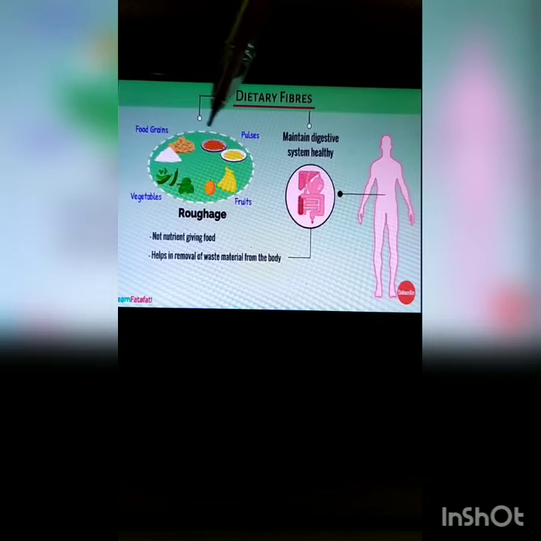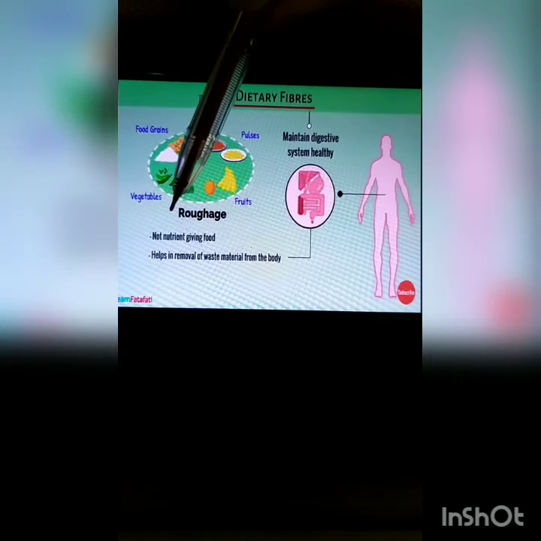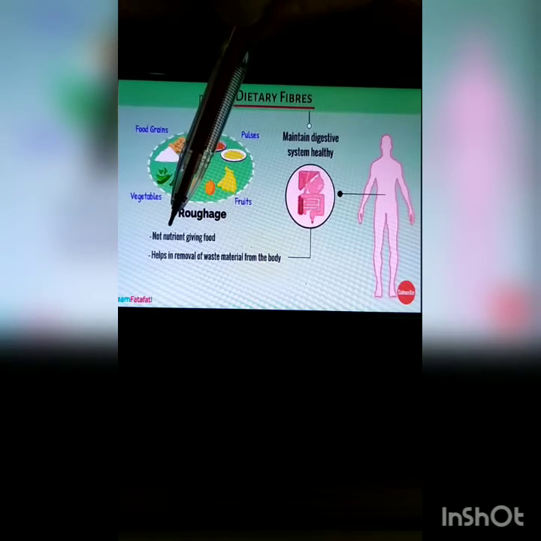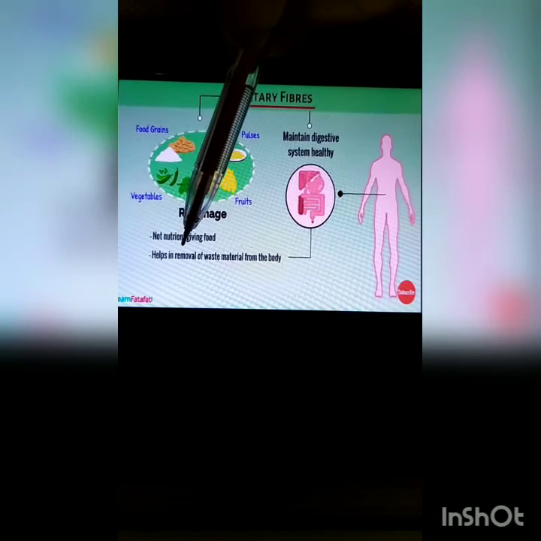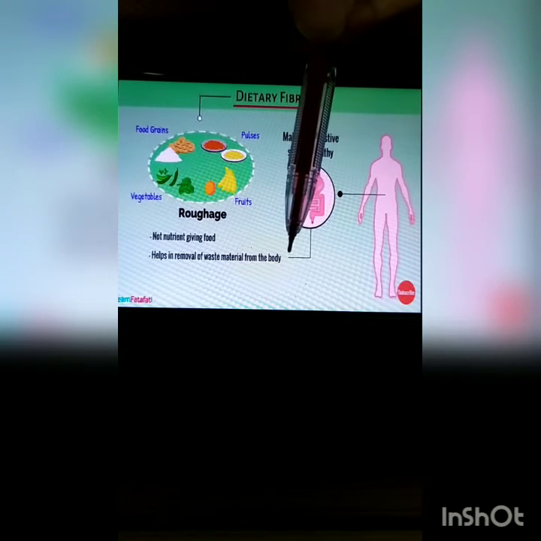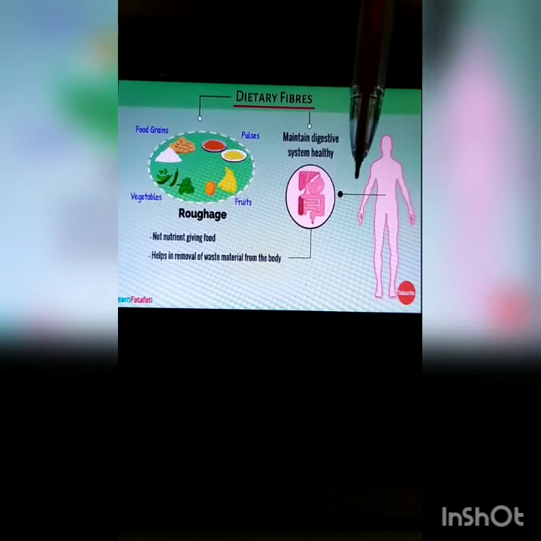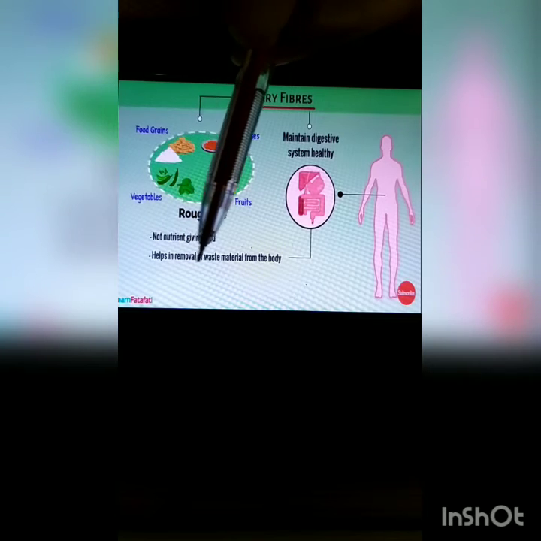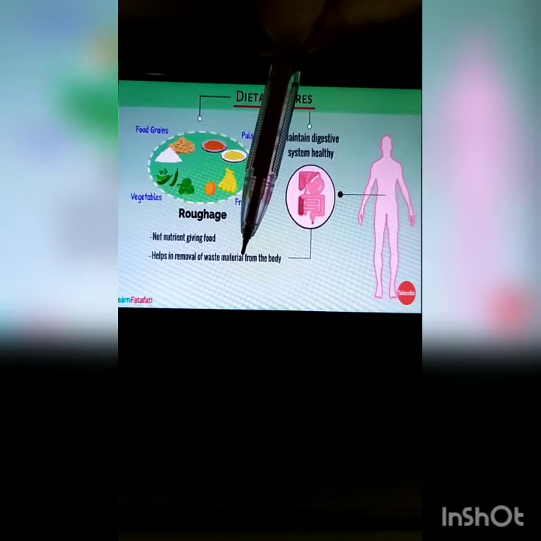Roughage does not provide any nutrients to our body, but it is an important component of our food. It helps in the removal of waste materials from the body in the form of stool. So these dietary fibers are very important in the functioning of the digestive system and for removing waste materials out of the body.